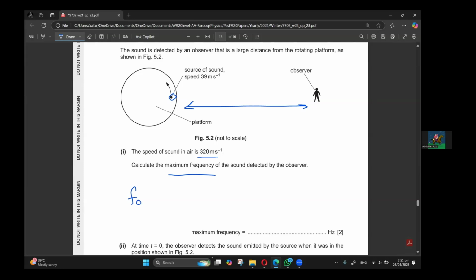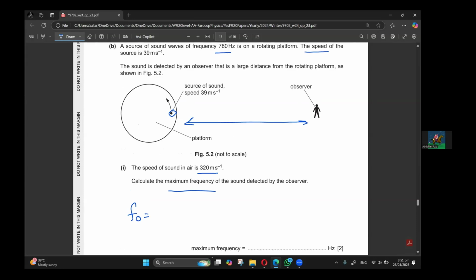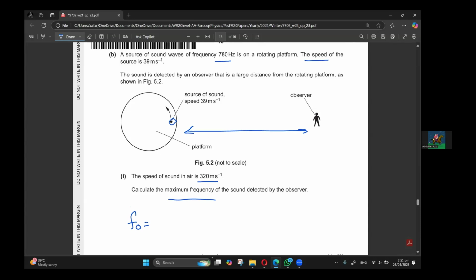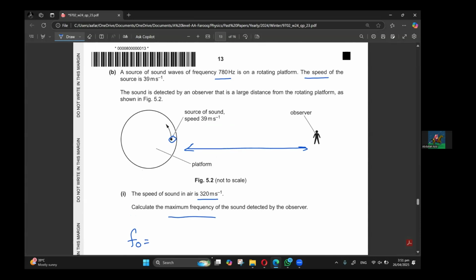Calculate the maximum frequency of the sound detected by the observer. So frequency observed is equal to frequency of source, 780, times speed of sound over.